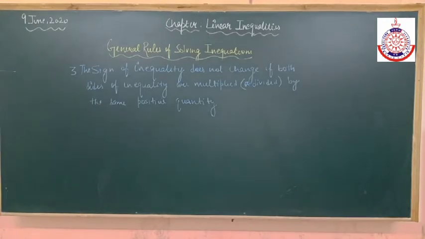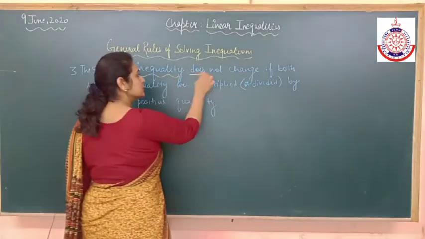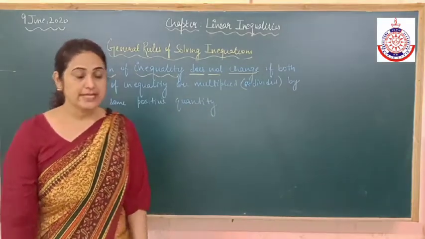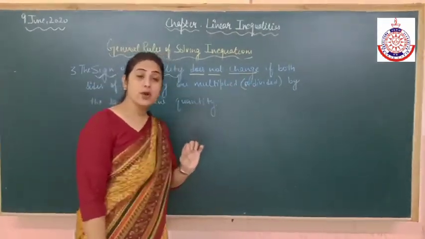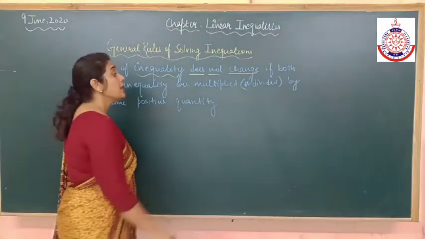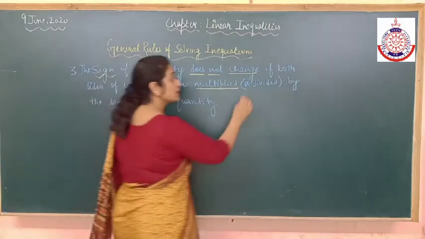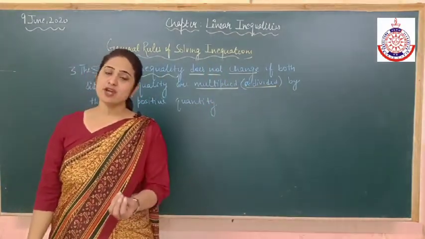Let's check what happens in case of multiplication. The sign of inequality does not change if both sides of the inequality are multiplied or divided. Whatever is applicable for multiplication is applicable for division also.